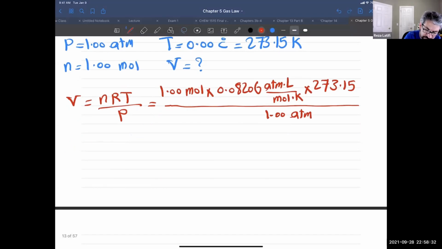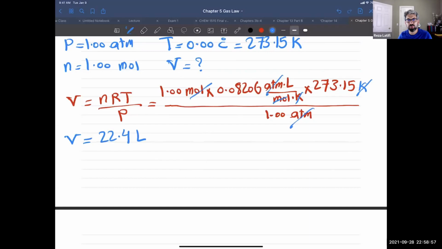We get the volume equal to 22.4. And the unit, if you cross mole by mole, Kelvin by Kelvin, atmosphere by atmosphere, we are left with liter. Just liter for the volume, which is the right unit for it.